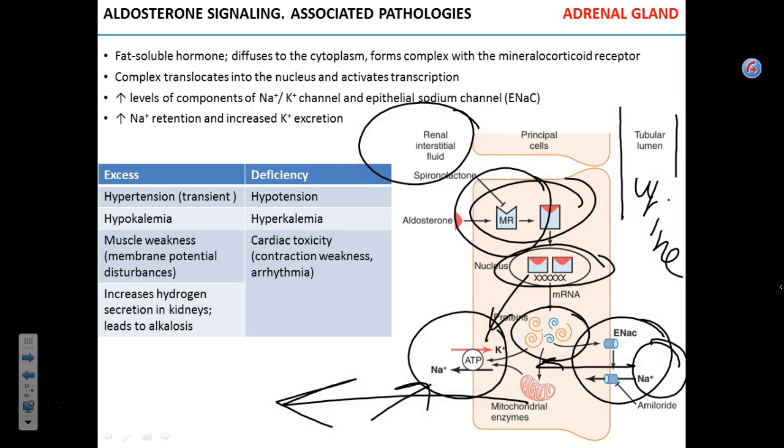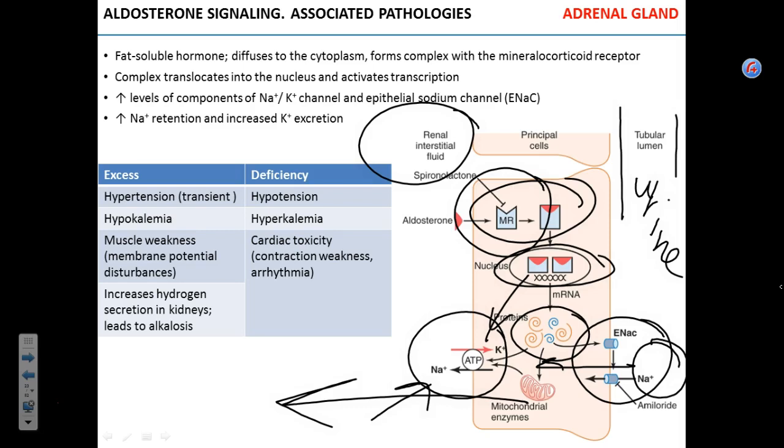Come on, it's not a tricky question. You're going too far. Wait. You block the receptor. Is there any complex? No, because you blocked the receptor.